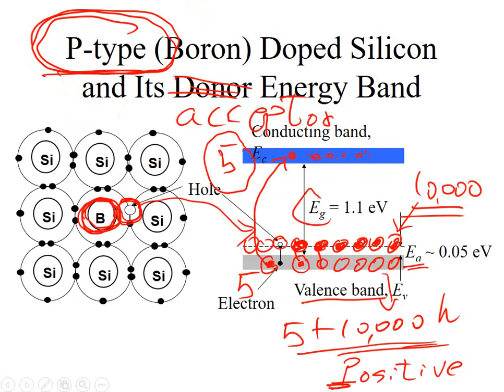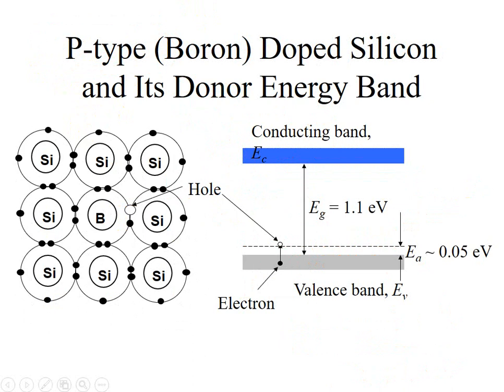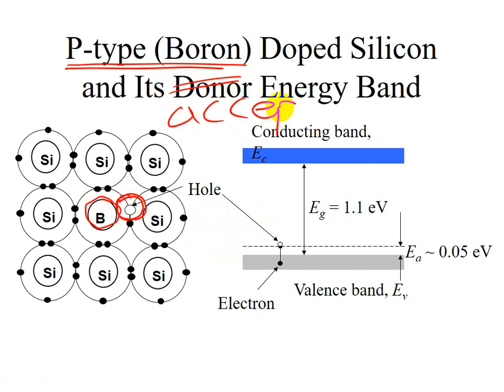And for p-type, you have boron, a group 3 element. When you introduce boron to replace one silicon, you create a hole because it has one less electron than silicon, and you are creating a so-called acceptor level EA, just above the valence band.